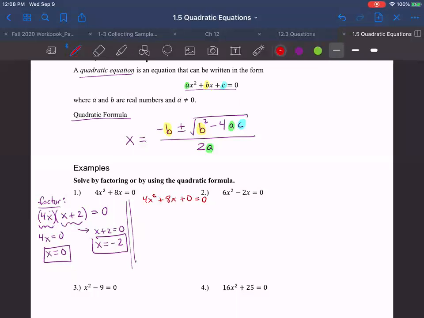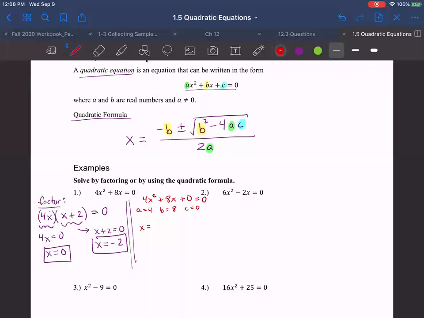And by doing that, we have our a, b, and c. So we could say a equals 4, b equals 8, and c equals 0. If one of them is missing, you just add it back in. And we can go ahead and plug it into our equation there.